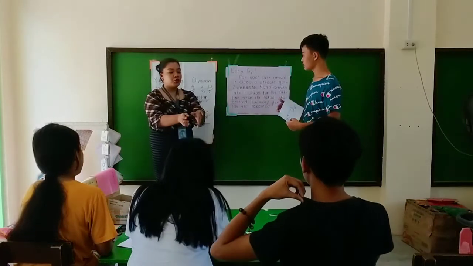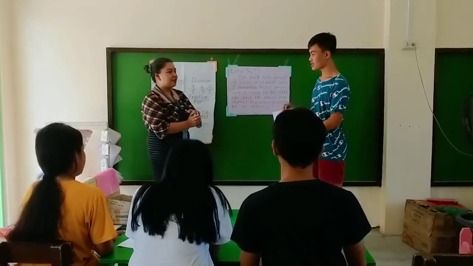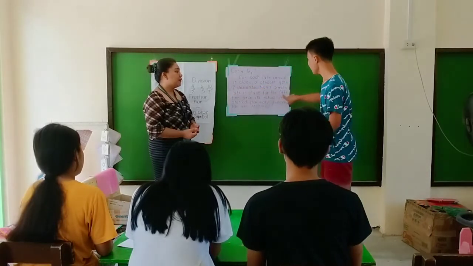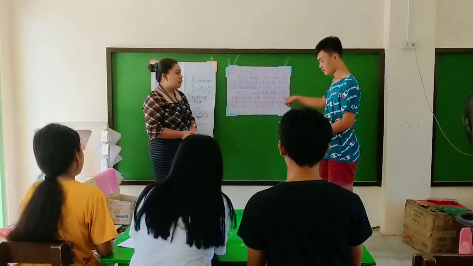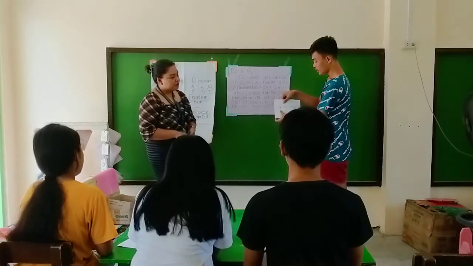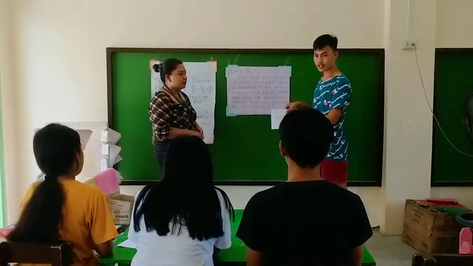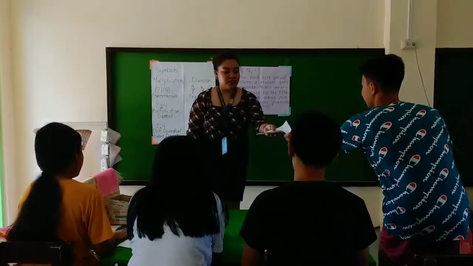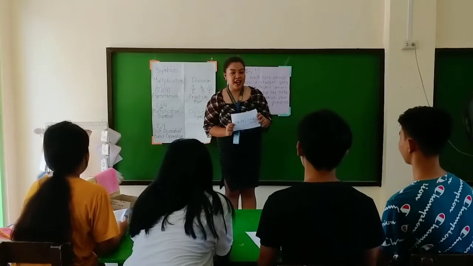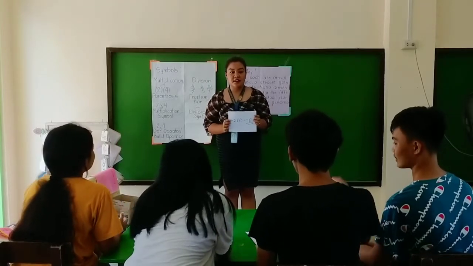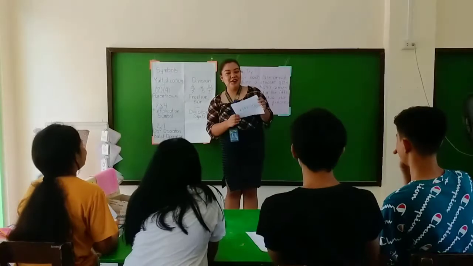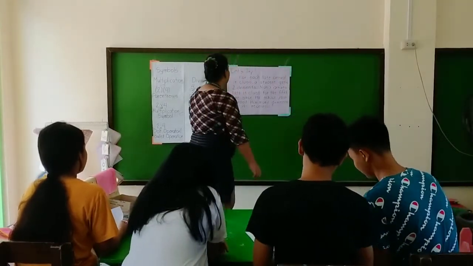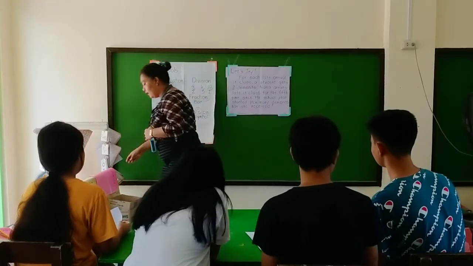Since the demerit is negative 2 and the 5th time is 5, my answer is negative 2 times 5 is equal to negative 10. Is that correct? Yes, ma'am. Okay, class, who got the correct answer, same as the boy's answer? Me. Okay, very good. That is a sign that you understand our lesson.